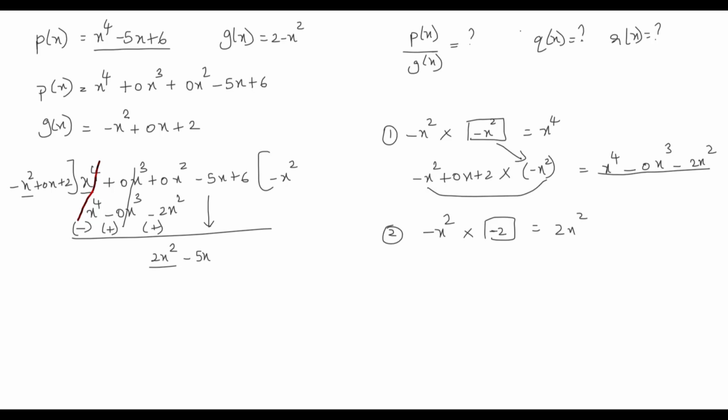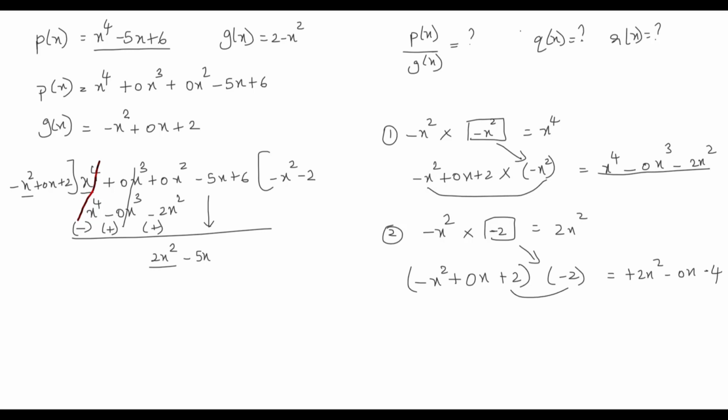So plus 2x square, that is how you got it. Next, place that minus 2 here, take the whole g of x, that is minus x square plus 0x plus 2, and multiply it by this term minus 2. Minus into minus will be plus 2x square, plus 0, plus into minus is minus, 0 into something is 0, plus into minus is minus, this 2, plus into minus, minus 2 into 2 is minus 4.